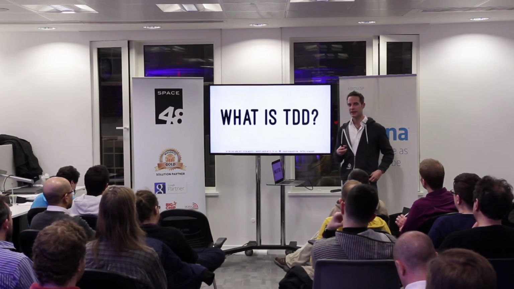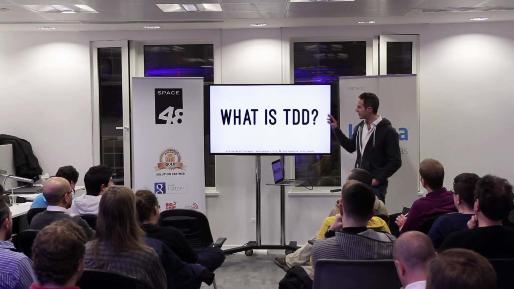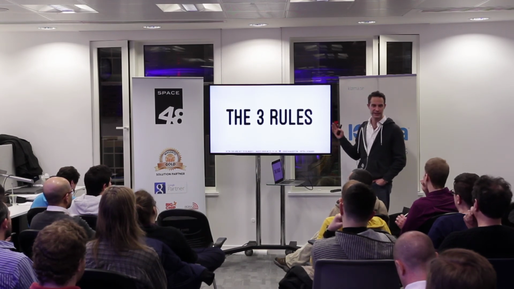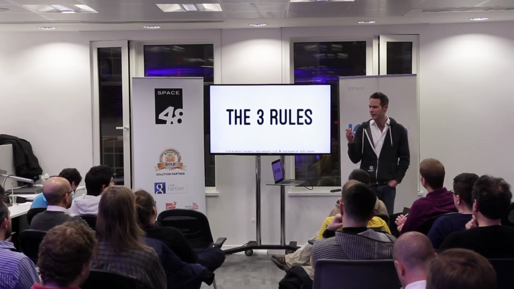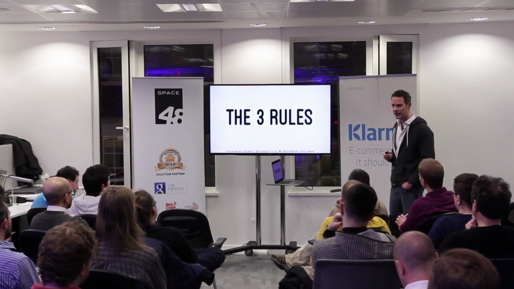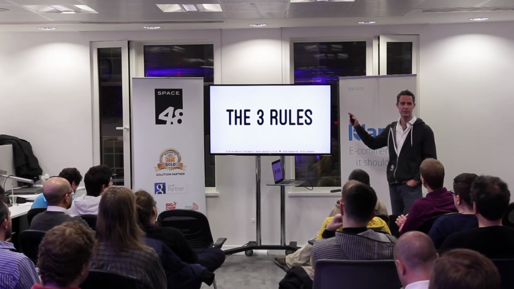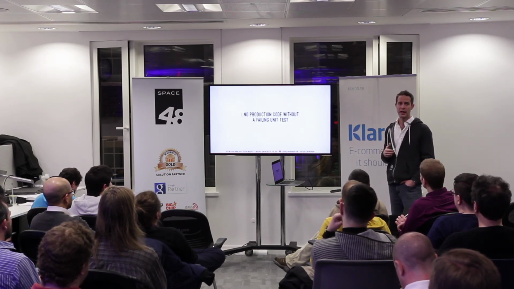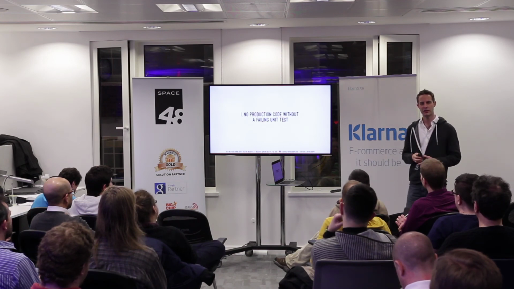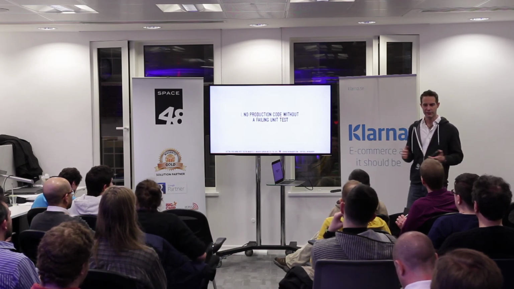So I like to think about testing. There are these 3 rules of TDD as defined by, I don't know, probably Kent Beck actually. Might have been Robert C. Martin, Uncle Bob, who summarized it that way. The first rule is, I'm not allowed to write any production code without a failing unit test first.